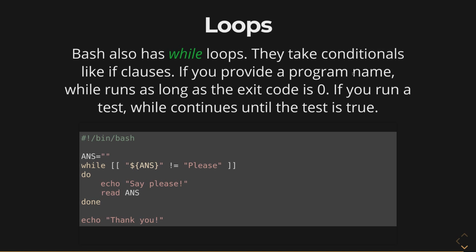You can provide it with a program name, and in that case it'll run as long as the exit code is 0, which is the equivalent of true when you run applications and programs. It'll also accept tests, and it'll continue until the test is true.